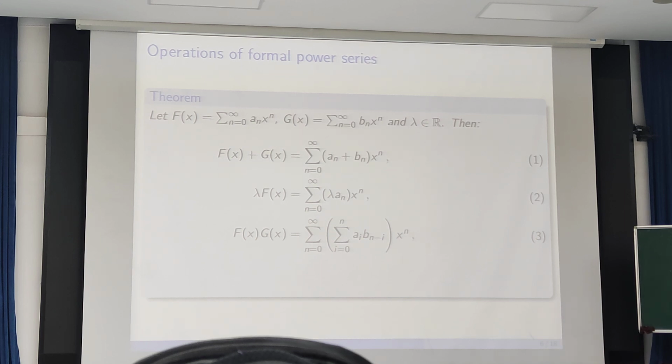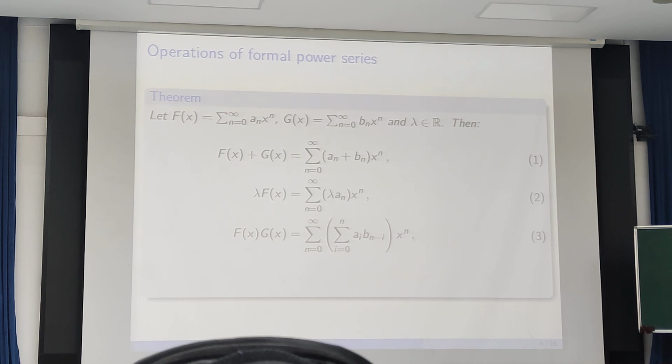First we state that the product of two formal power series is also a formal power series. And the coefficients in detail, in particular the coefficients of the product series, are given by this. Let us see how we obtain that.